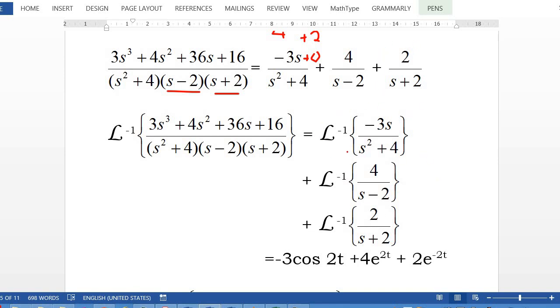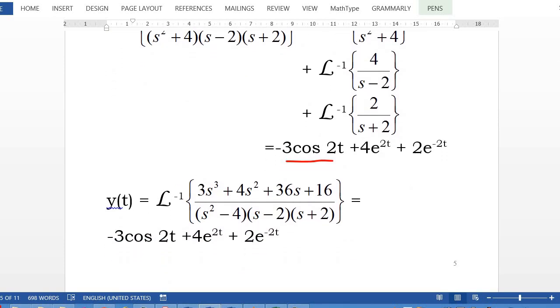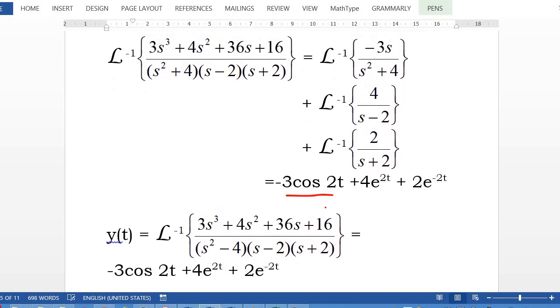For the first term, the inverse Laplace of negative 3s over s squared plus 4, you get negative 3 cos 2t. For the second term, you get 4 e to the 2t. For the last term, you get 2 e to the negative 2t. Hence, y(t) is equal to the inverse Laplace of this F(s), which equals negative 3 cos 2t plus 4 e to the 2t plus 2 e to the negative 2t.